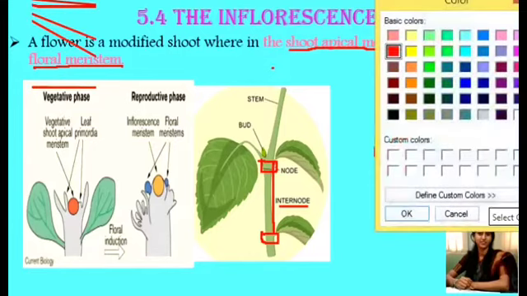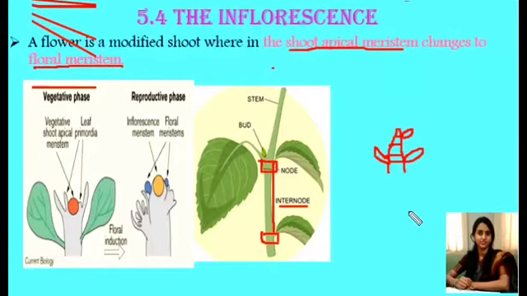In the next node, instead of forming leaves, the second whorl of the flower, that is the corolla, develops.